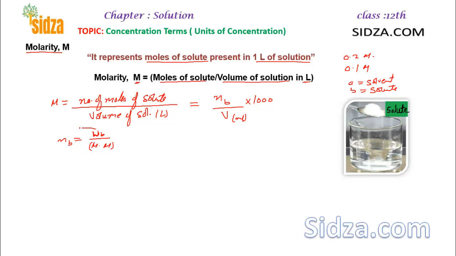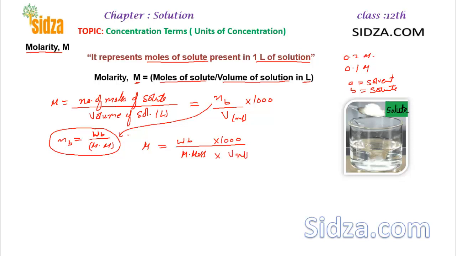I can substitute this here, and we get another equation for the molarity: molarity equals the weight of solute, WB, times 1000, divided by the molar mass of the solute times the volume of solution in mLs. You can use the first equation, or the second equation.